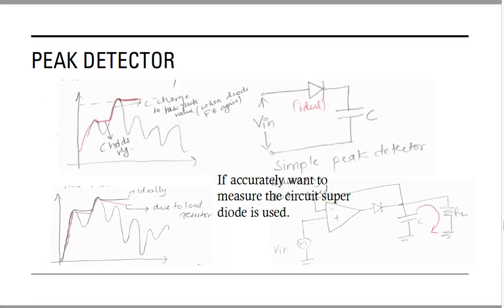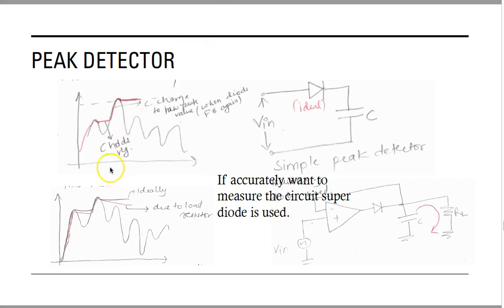Now we will move on to the peak detector. So these peak detector circuits are used to determine the peak value of an input signal, and they can be used in different applications. For example, in AM modulation and demodulation in communication systems, they can be used.